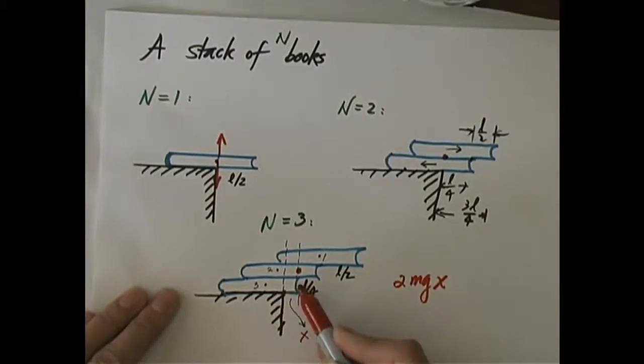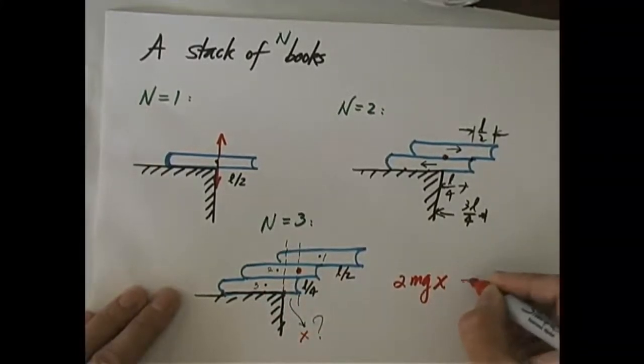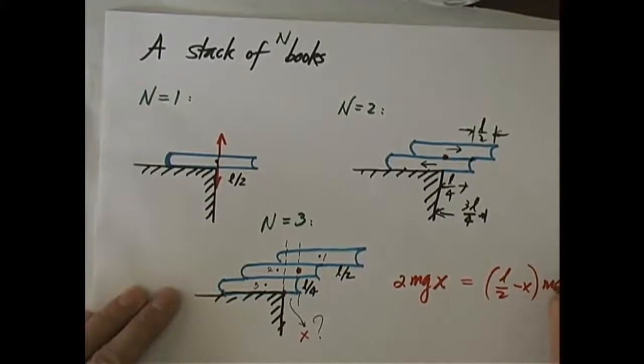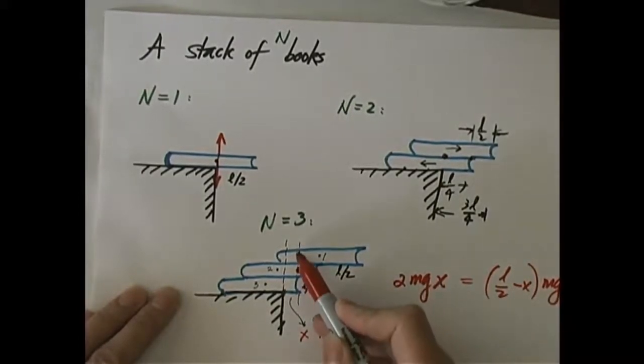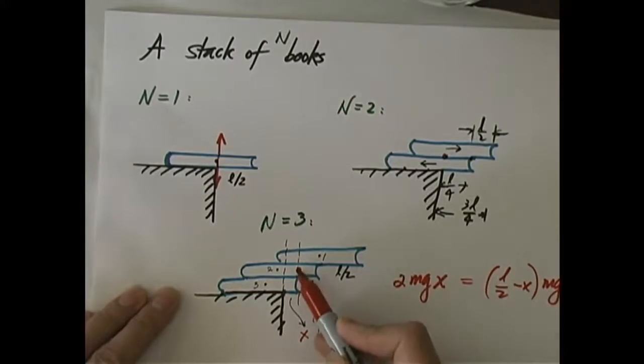Now remember that distance is L over 2, but it sticks out a distance x. Therefore, relative to this point, this distance will be L over 2 minus x. So it's L over 2 minus x times its weight mg. That will be a formula for x, because that 2mgx really is the torque provided by the weight of the first two books going this way about this point.